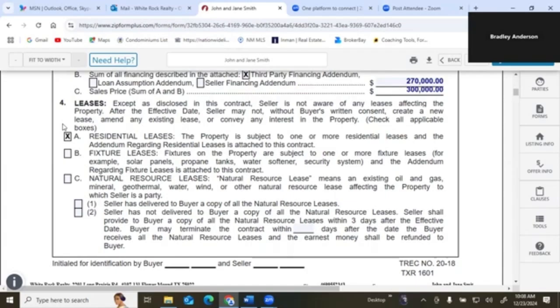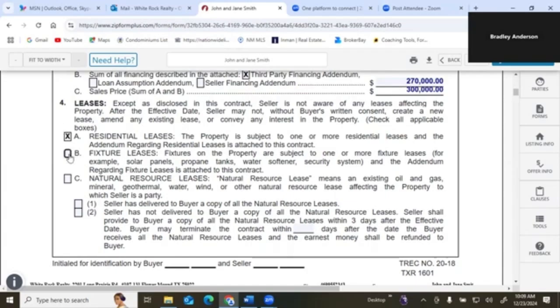All right, so please beware if your buyer is buying a home that has a tenant in there and the seller says, oh yeah, they'll be out by closing date. Usually they're not. So that adds a layer of tremendous complexity to a transaction.